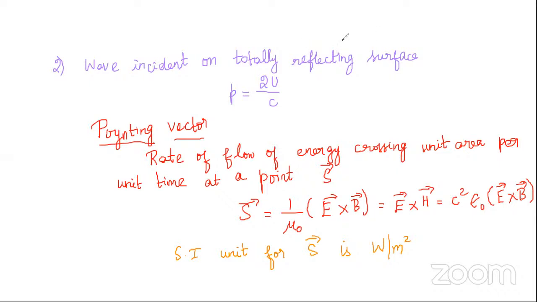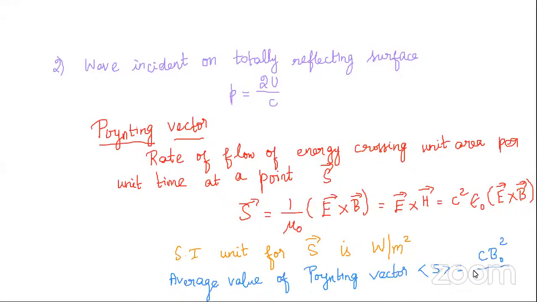The average value of Poynting vector is given by, this symbol represents the average value, c B naught square divided by 2 mu naught.